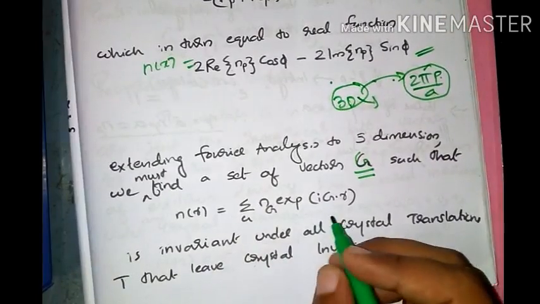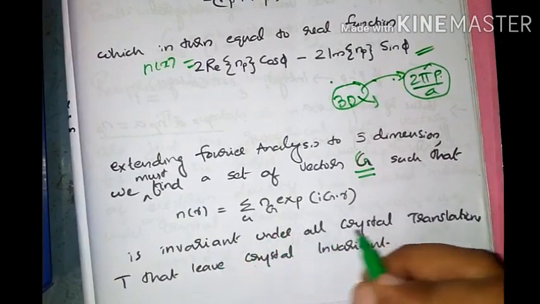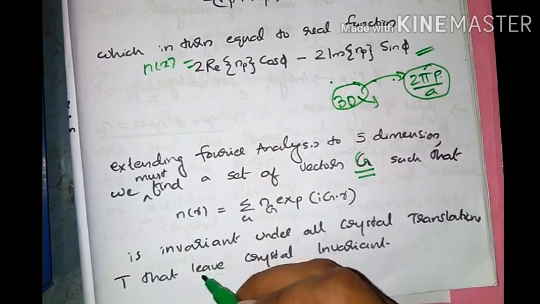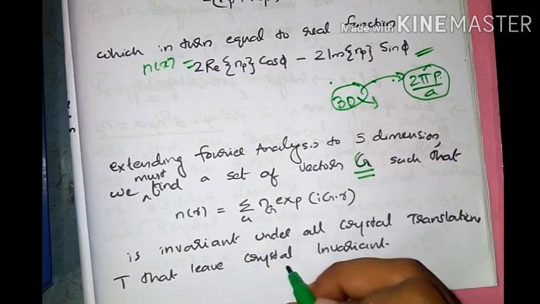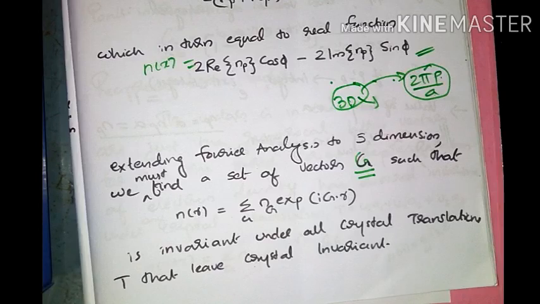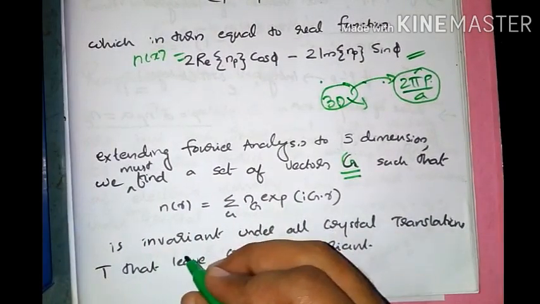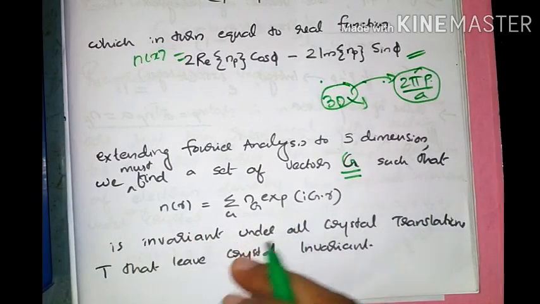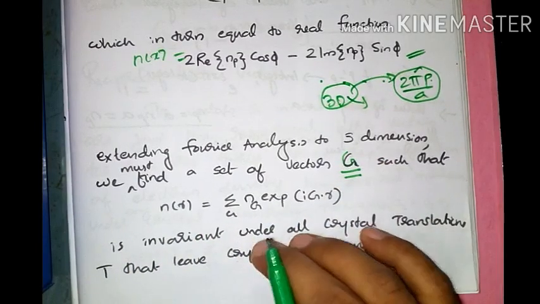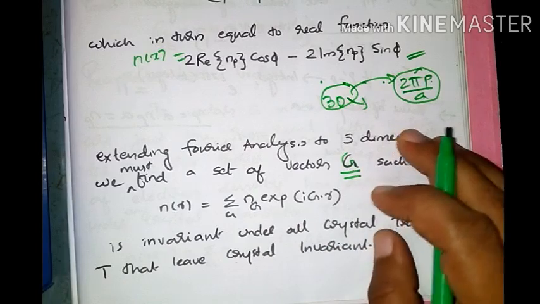Now that G must be invariant under all crystal translations T that leave the crystal invariant. It must be so because the periodicity of a direct lattice must be preserved in a reciprocal lattice too.